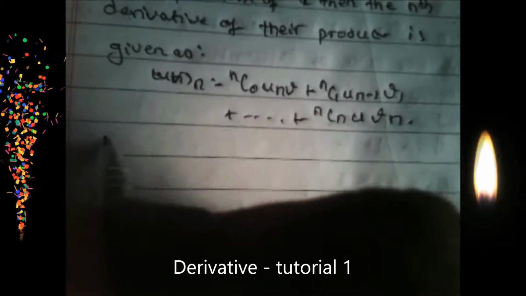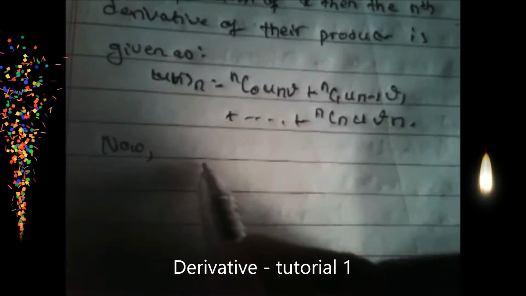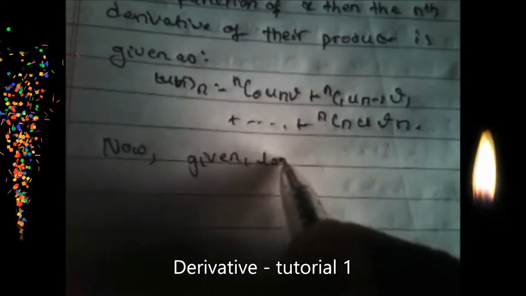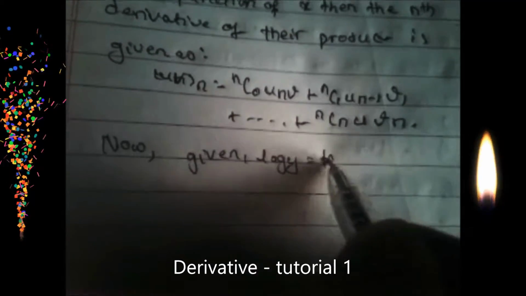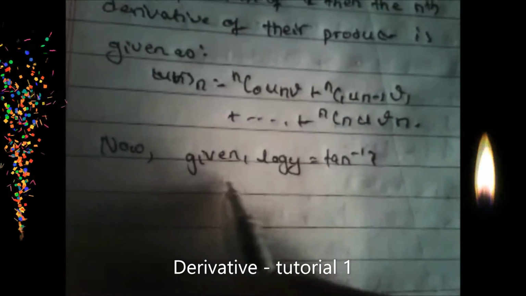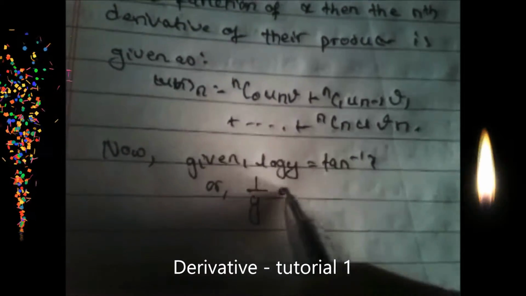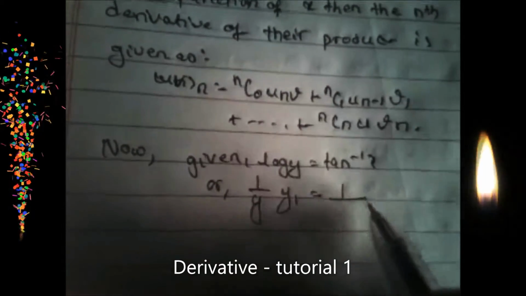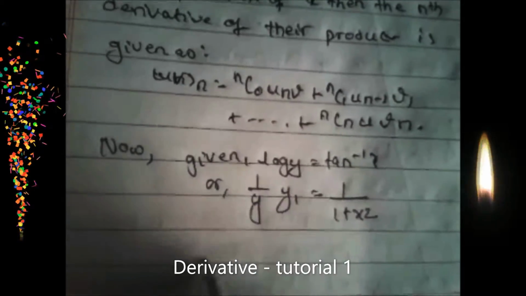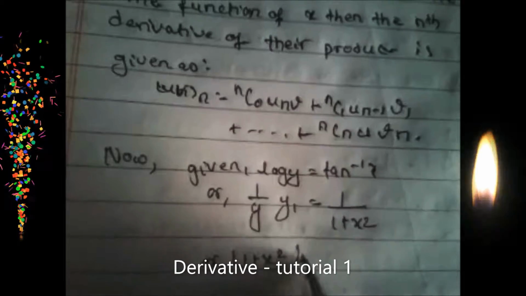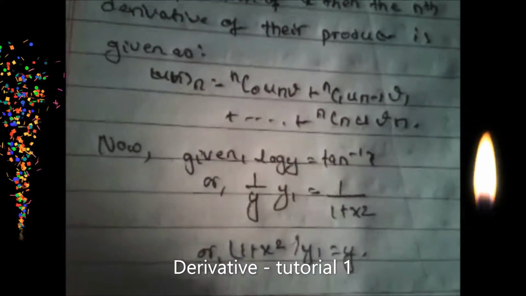Now the next question is attached. Given log y = tan inverse of x, we take the derivative of it: 1 upon y times y1 is equal to 1 upon 1 plus x square, or (1 + x²) y1 = y.